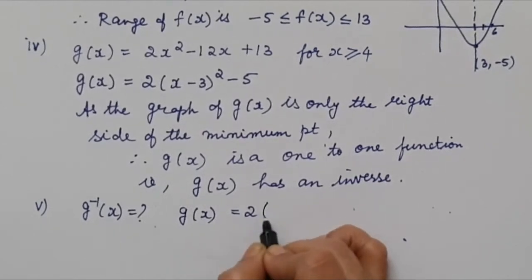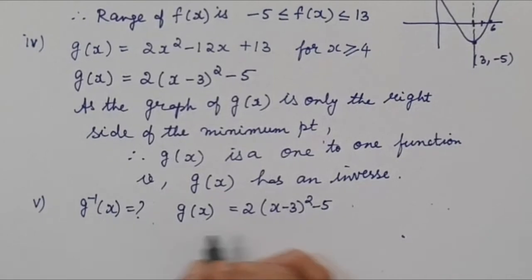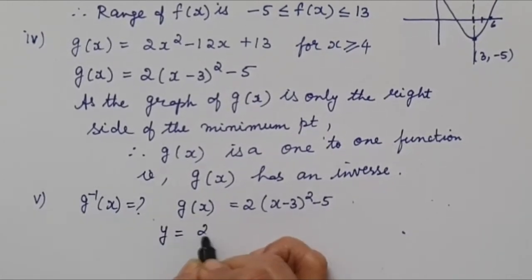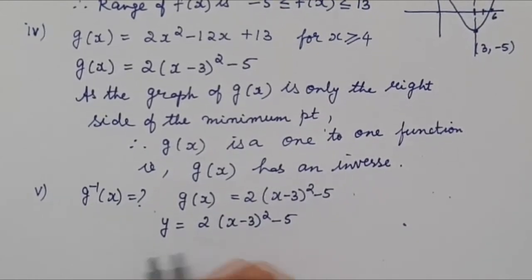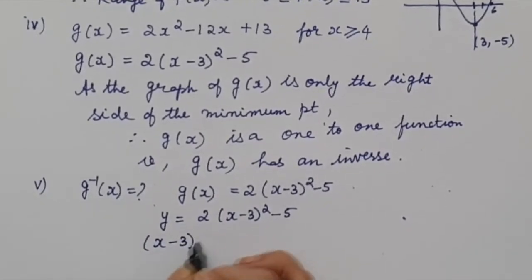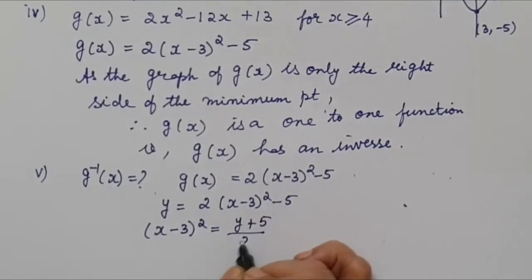g of x equal to 2 into (x minus 3) the whole square minus 5. Now we take this as y. y will be equal to 2 into (x minus 3) the whole square minus 5. So when I shift it, it comes as (x minus 3) the whole square equals y plus 5 over 2.